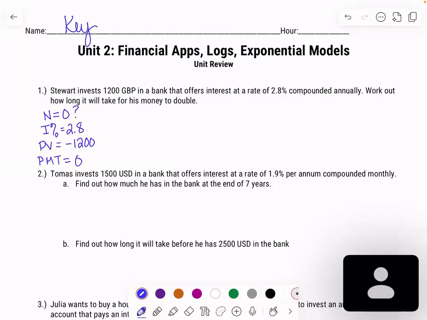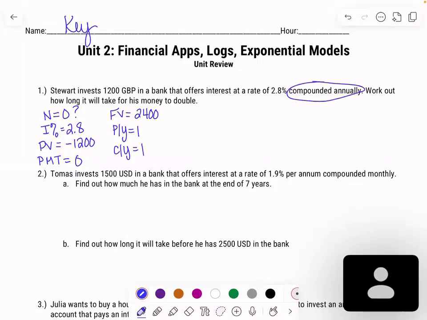There is no payment, so we're going to put 0 for that. And the future value is, we want to know when it'll double, so that's $2,400. Payments per year is once, and compounded yearly is once, because they said compounded annually.